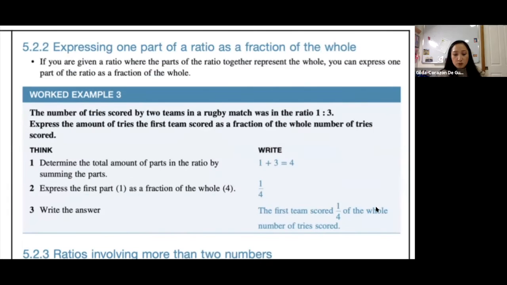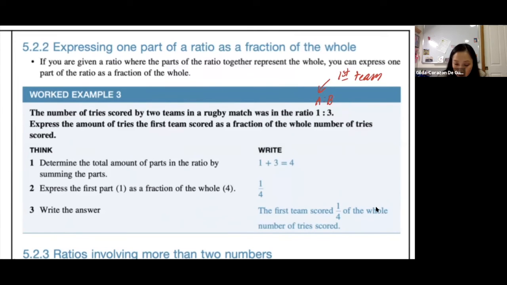So it says here, the number of tries scored by 2 teams in a rugby match was in the ratio of 1 to 3. Right? Express the amount of tries the first team scored as a fraction of the whole number of tries scored. Maybe this is the first team, right? So the number of tries would be 1 to what?